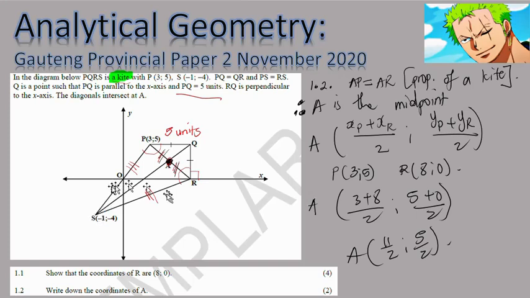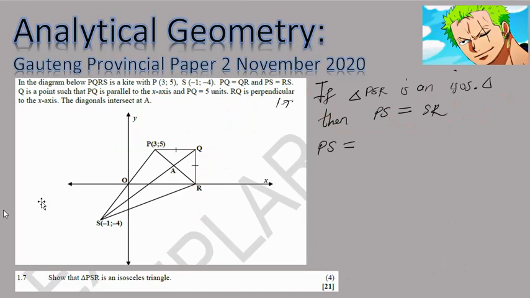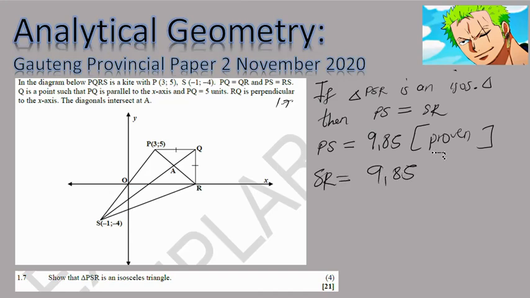I hope you still remember that. And I did this part here, and I also found out that this is equal to 9,85, right? I hope you remember that. So PS is equal to 9,85, proven. And then I'm going to say SR is equal to 9,85, proven.